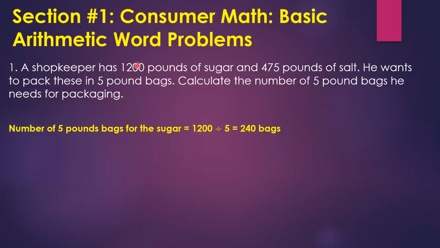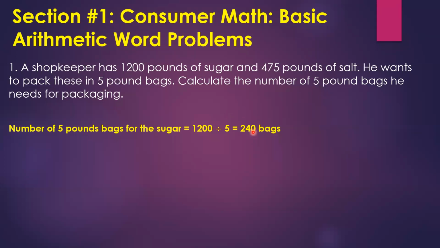Very good. We have 1,200 pounds of sugar, right? And because they say 5-pound bags, in order to know how many 5-pound bags of sugar we're going to get, we take 1,200 and divide it by 5, and then we get 240.